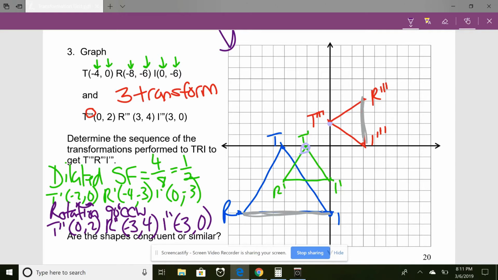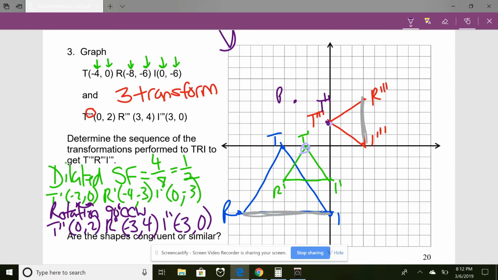All right, so we have 0, 2. I didn't really want to turn it this way, but it's okay that we ended up turning it this way. 0, 2, which is my T double prime, R, which is negative 3, 4.